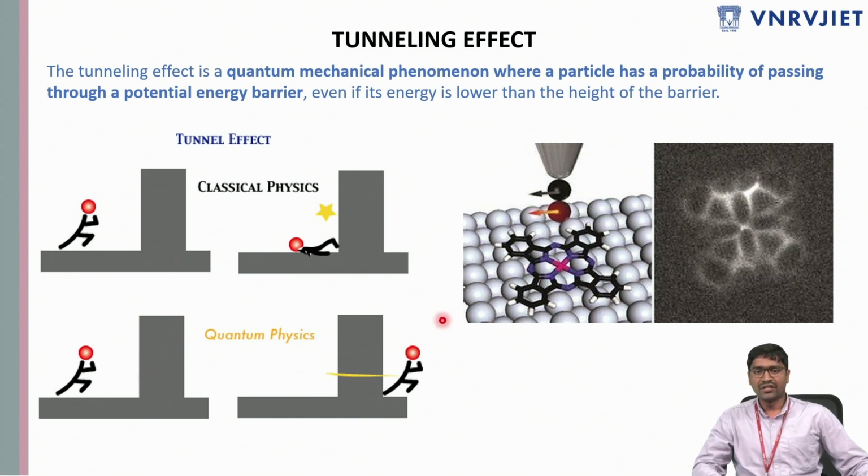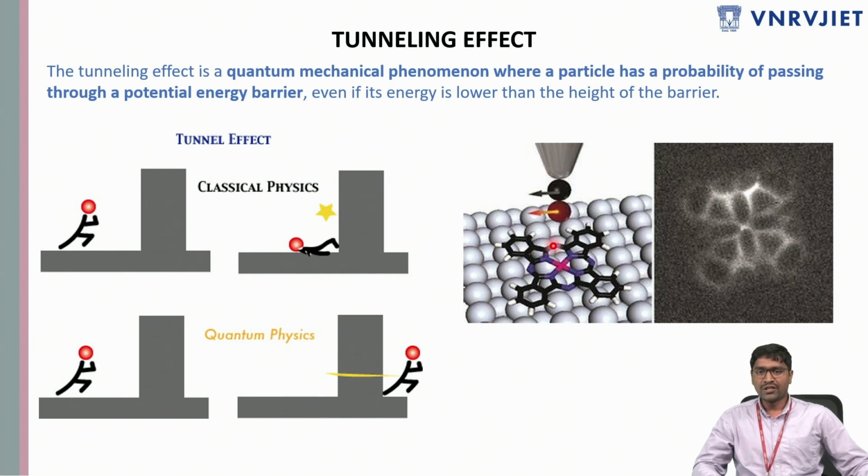How can we connect this concept to the STM? In STM, the sample should have conducting properties. The electrons in the sample should tunnel to the tip. The tip is also made of metals like tungsten, iridium or platinum, which also show conducting behavior.